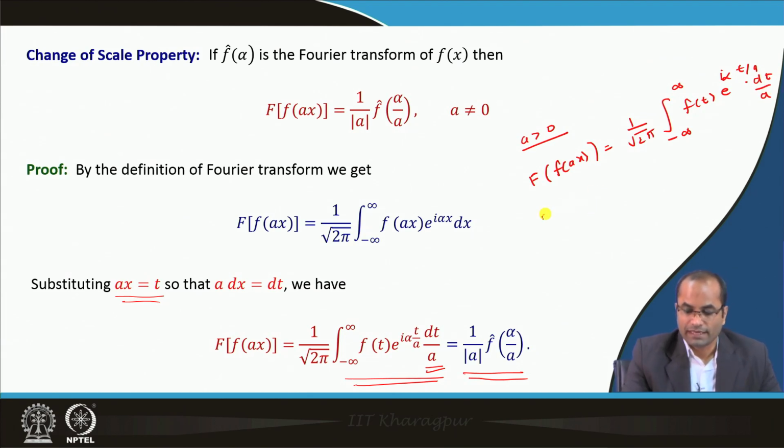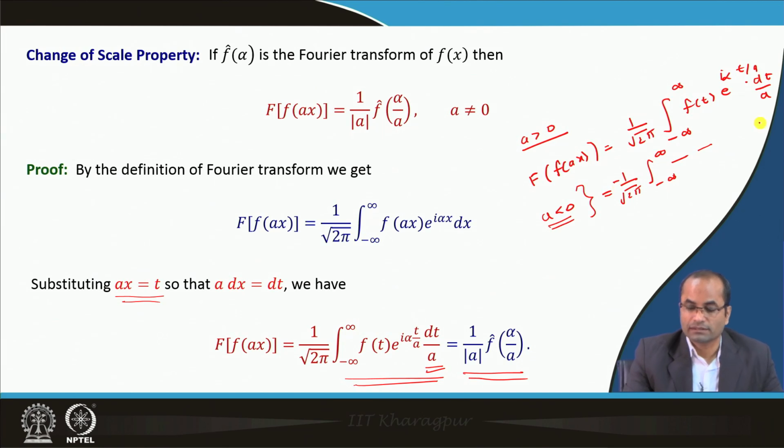But if this a is negative, then what will happen to this integral? Again, we have this factor here, and minus infinity to plus infinity, so we will take a minus sign there, and everything else will be as it is. So, in the second case, when a is negative, we have this minus sign appearing.